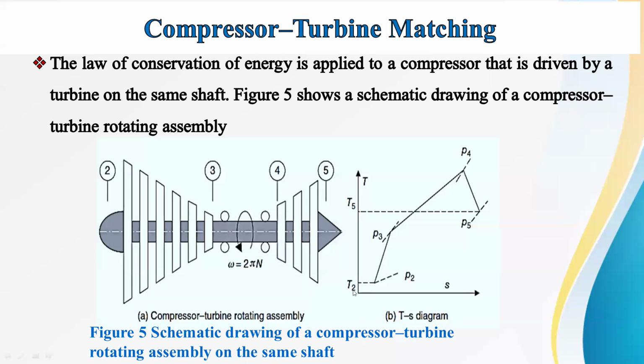Temperature at 2 is lower, and pressure at 2 is also low. Pressure at 3 is increasing, pressure at 4 is increasing, and after 4, pressure is decreasing to 5 because of the cooling effect.